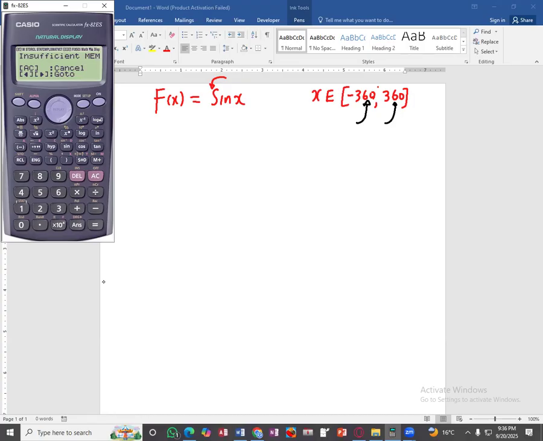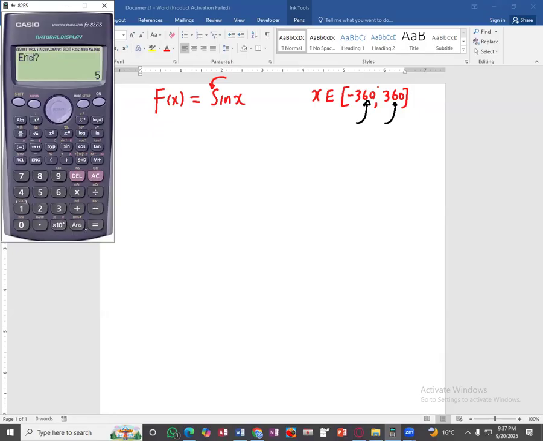But if you use a different step, let's go back to the sketching of the graph. Let's press mode and we press 3 for table, and then we press sine alpha x. Where do we start? We start at negative 360.